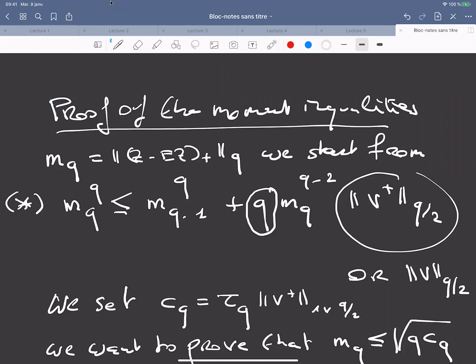And also we have to remember that the quantity which appears there, either v plus or v, is related to CQ, with tau Q involved also. So we rewrite the inequality star, taking all this into account. That is, we substitute XQ to MQ, and we substitute CQ and tau Q to the v factor.